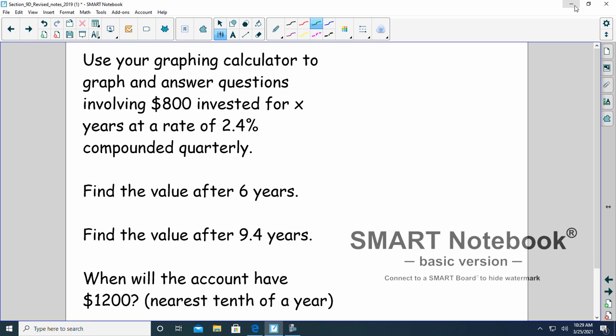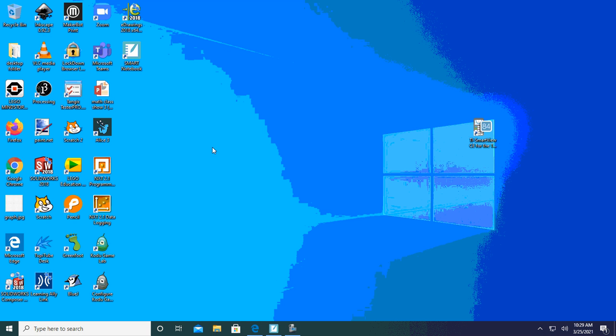So we have A equals 800 times 1 plus 0.024 over 4 raised to the 4 times t. And then this is 6 years, 9 years. And when will A equal 1,200? So yes, I can plug into my calculator and plug values in, but I want you to see graphically what's taking place. All right, going back to Desmos.